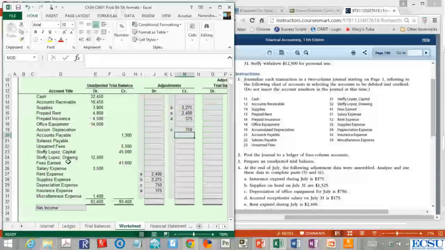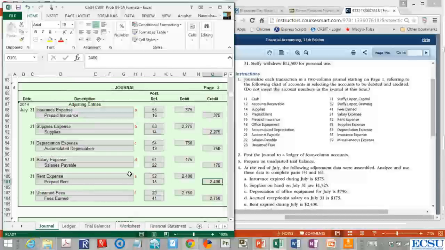Salary expense number D was 175, and then salary payable, number D, was 175. Okay, so we have done that.